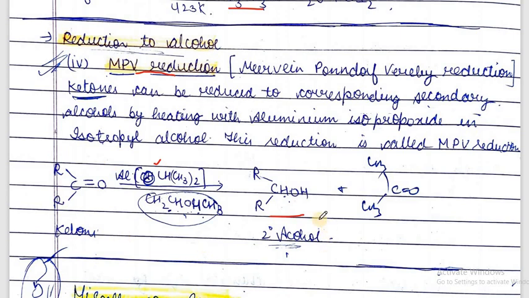This ketone gives a secondary alcohol, so this is our main product, and the isopropyl alcohol gives the ketone, acetone. So in the Meerwein-Ponndorf-Verley reduction, ketones are treated with isopropyl alcohol and aluminium isopropoxide, and secondary alcohols are formed.